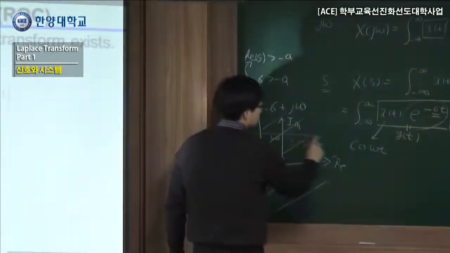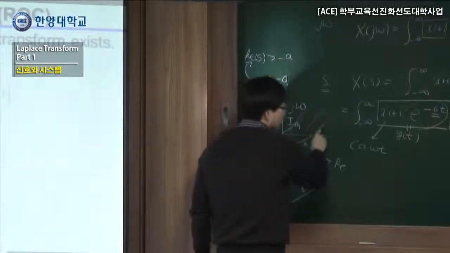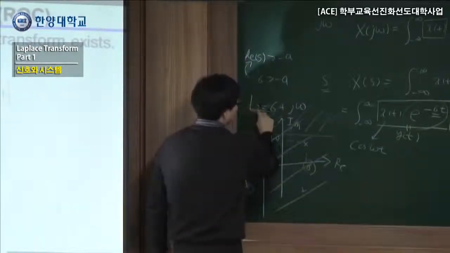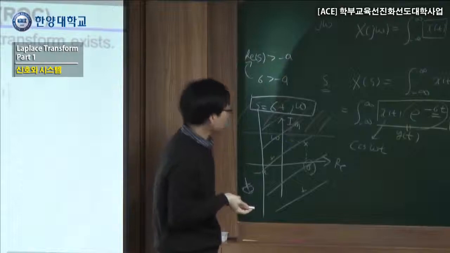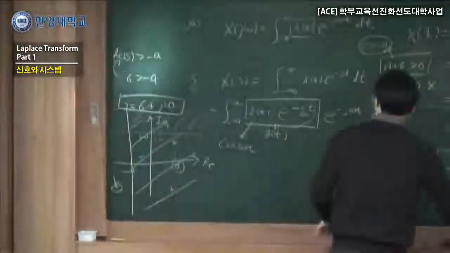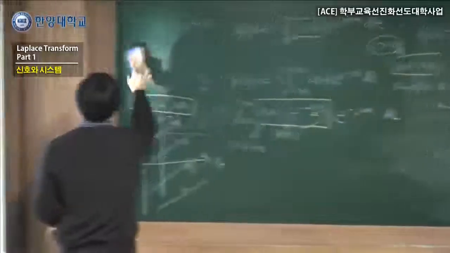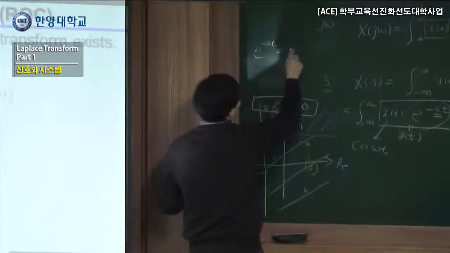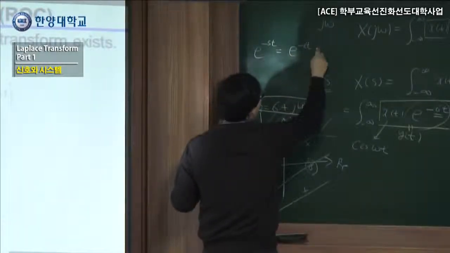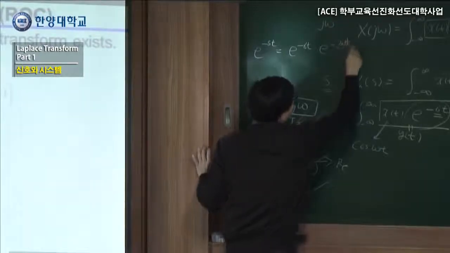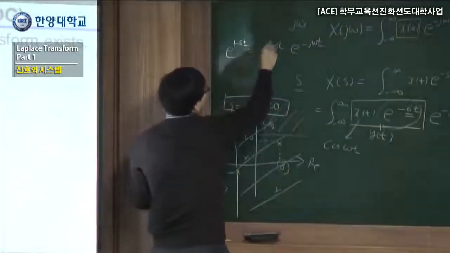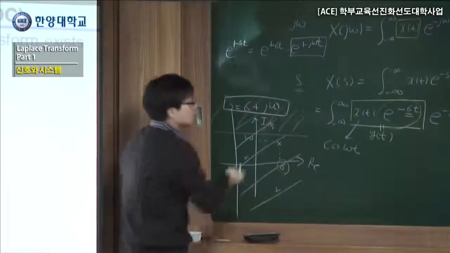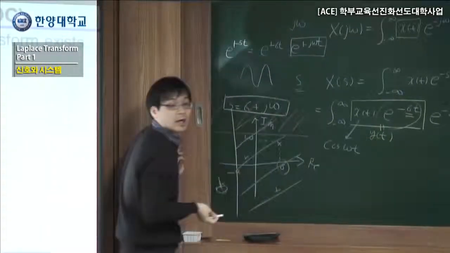It does not come like this, because, if you remember the first part of this whole class, if you have e to the minus st, for example, it becomes e to the minus delta t times e to the minus j omega t. In the complex domain, this one is in charge of the oscillation motion in time.